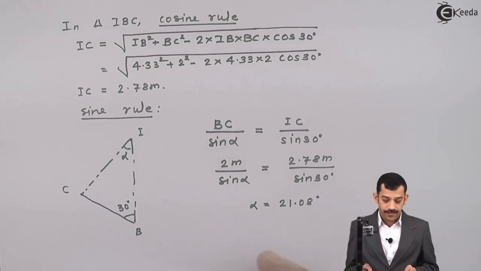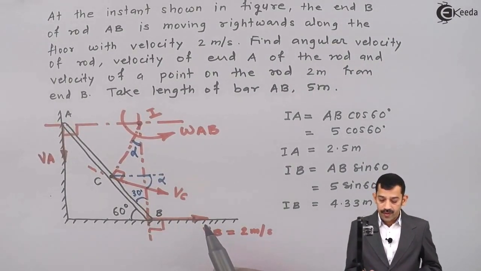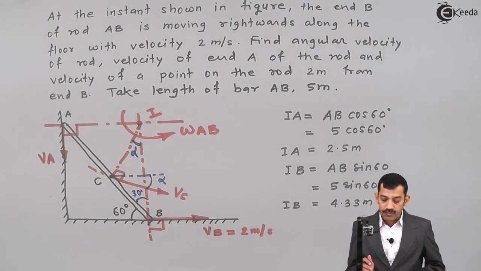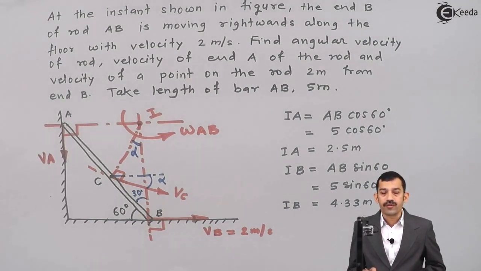Now all angles as well as lengths are known, therefore one by one we start. VB is known, therefore the first equation we will apply is for VB, center of rotation is I, therefore VB equal to IB into omega AB. VB is known, IB is known, we'll find out omega AB. Next, VA equal to IA into omega AB.